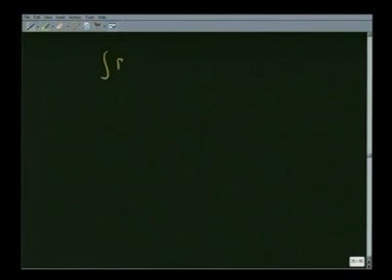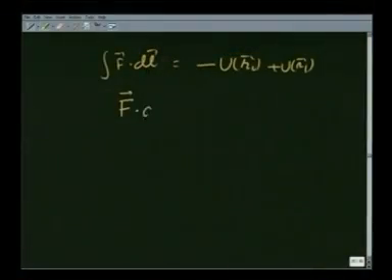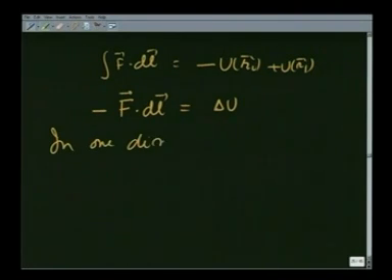We had F dot dl is equal to minus U(r2) plus U(r1), and therefore, for a short distance I had F dot dl with a minus sign is equal to delta U, and in 1D that will give me F equals minus dU/dx.